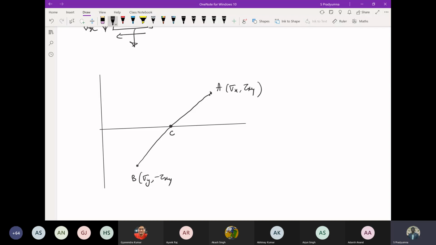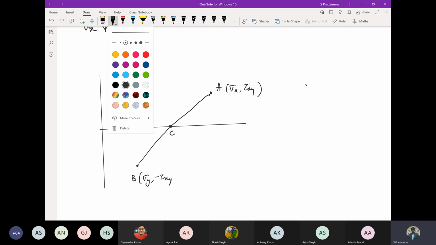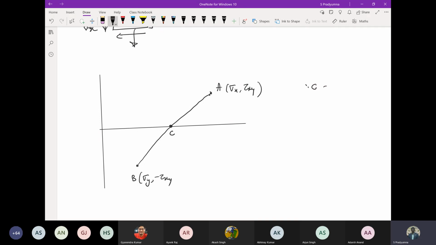Okay, so now we can find out what these values are. With C as the center and CA as the radius, equal to R, draw the Mohr circle.